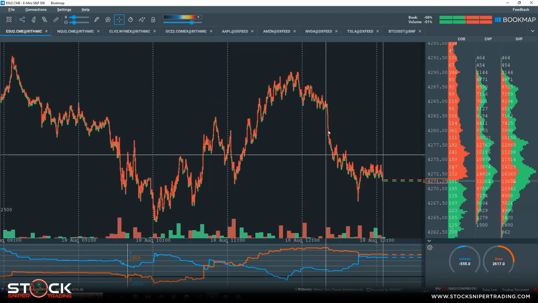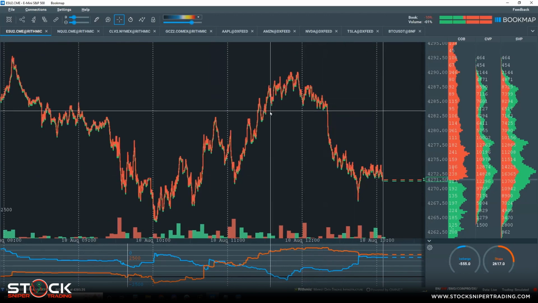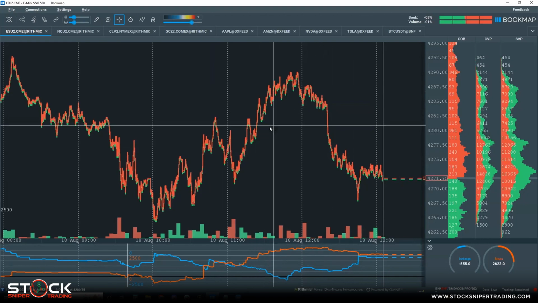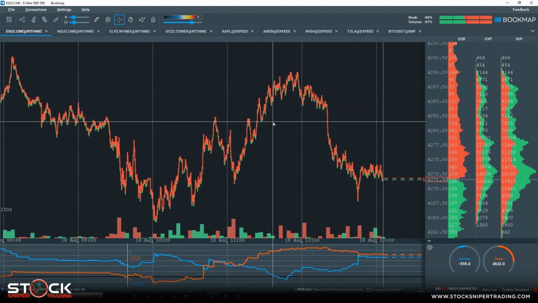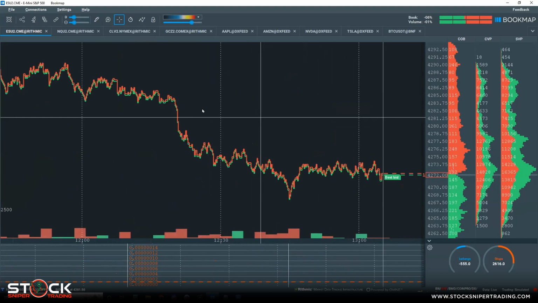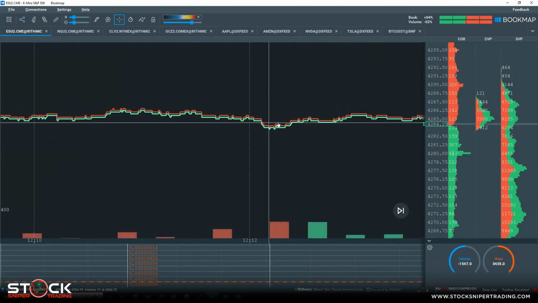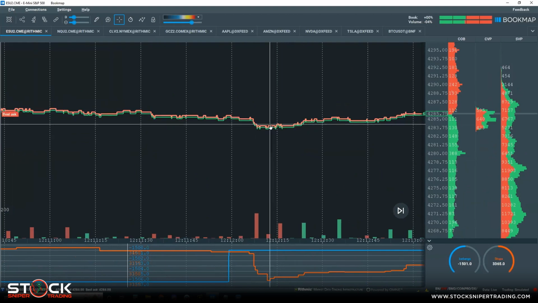That's it. Now, there is an edge to looking at streaming best bid and offer as well. This is pure price action. When you look at Bookmap, you're getting all the details, every little wiggle in price action is displayed. You can zoom into these levels, and we'll show sub-second levels here.